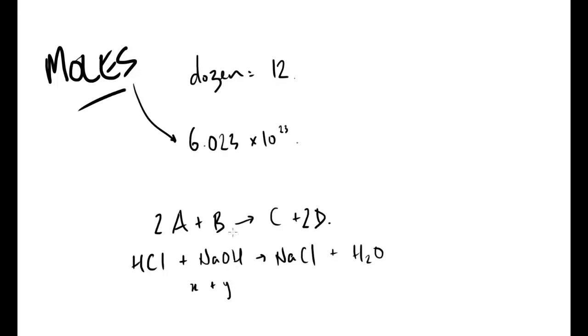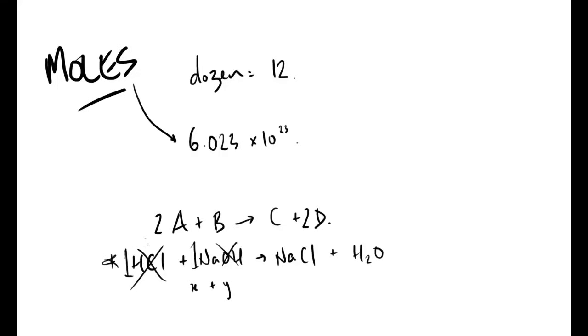And really what this is telling me is that in terms of the reactants, if I ignore the products for now, because they don't exist until the reaction has taken place, 1 mole of hydrochloric acid will react with 1 mole of sodium hydroxide. And in doing so, we would end up with none of this, and we would end up with 1 mole of this and 1 mole of this. So we know that the molar ratio of the reactants is 1 to 1.